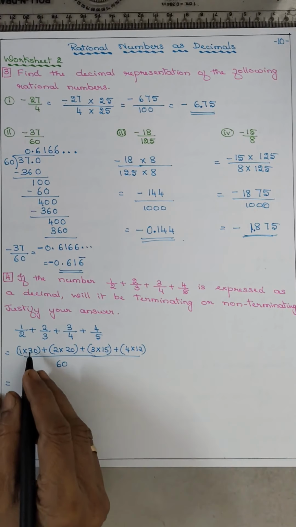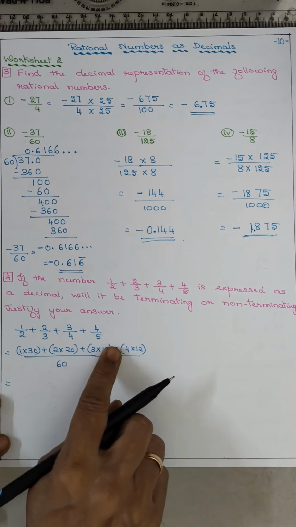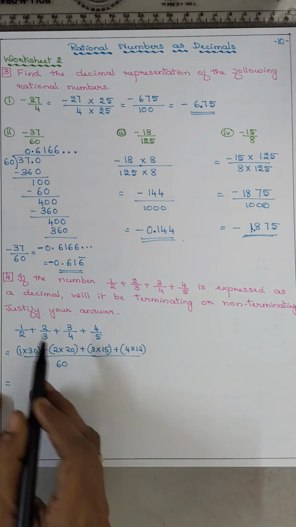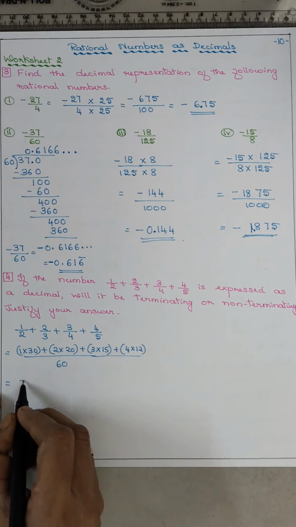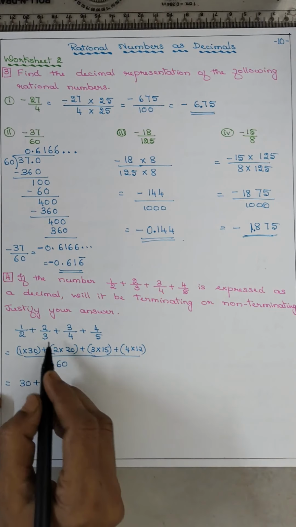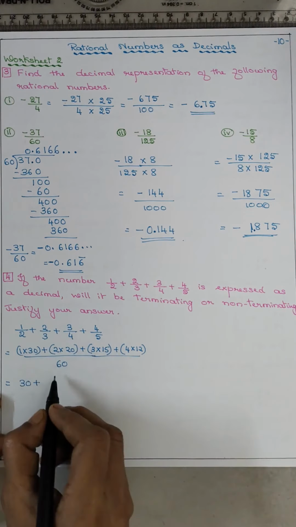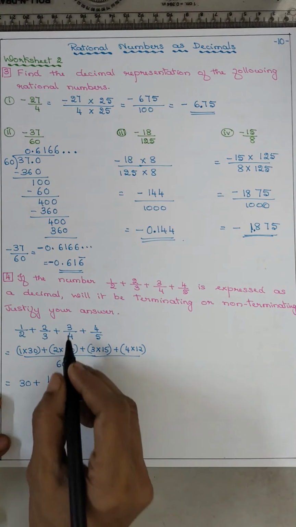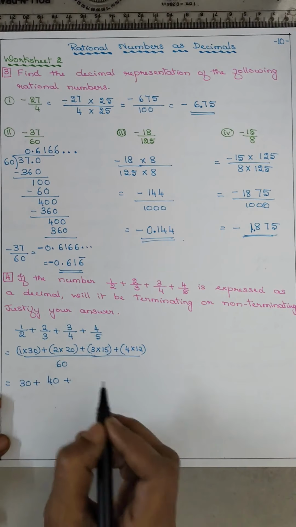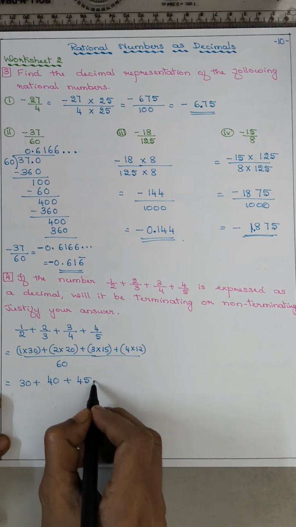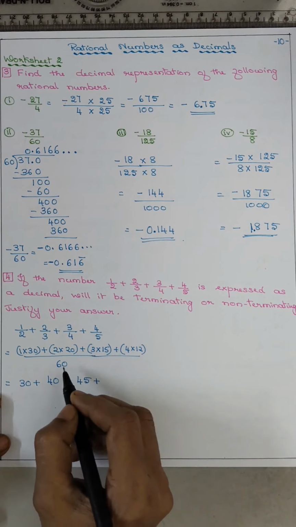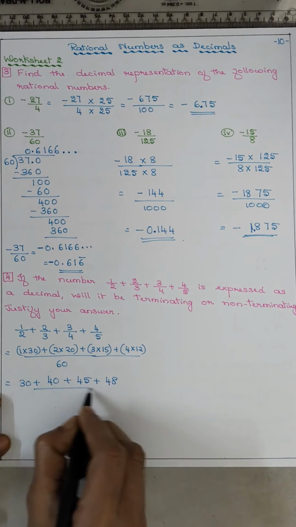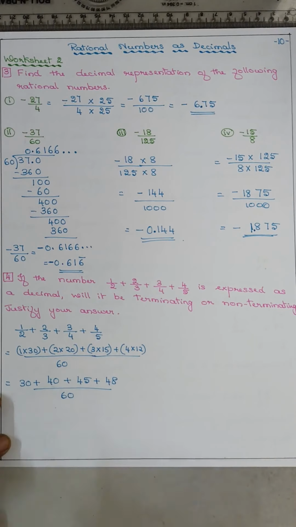Now you can also skip this step and do it directly. 2 30s are 30, 1s are 30, 3 20s are 20, 2s are 40, 4 15s are 15, 3s are 45, 5 12s are 12, 4s are 48, upon 60.